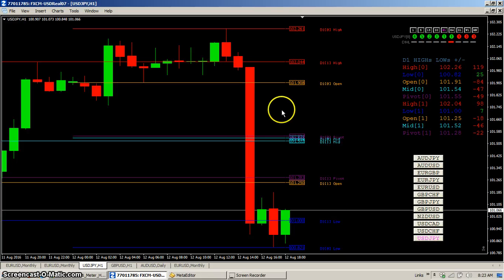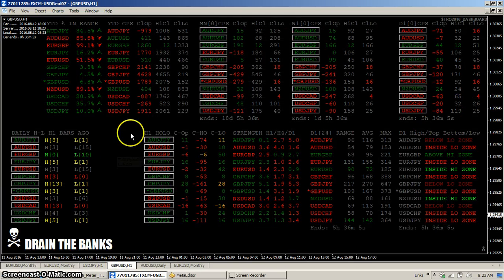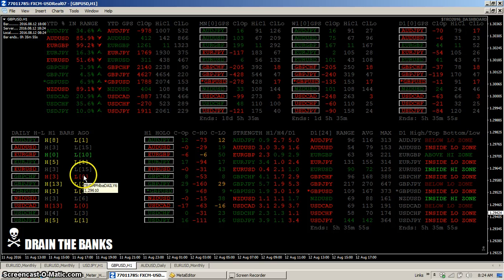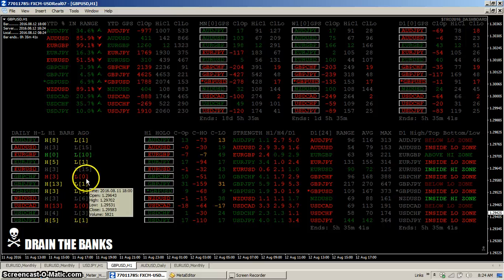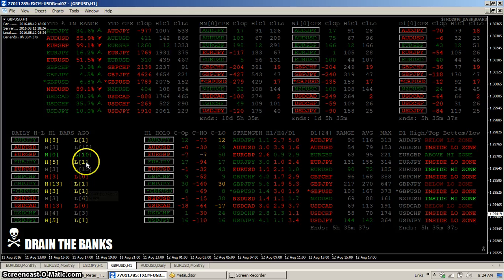Like I said, if people want to say I'm trading in hindsight, no, that's not what I'm doing. You can look here at the dashboard and see who made a low, who's making a new low this bar, who's making a new high this bar. CAD made a new low this H1. This was the multi-pair indicator, so you can see the last bar on these yellows made a new high low.